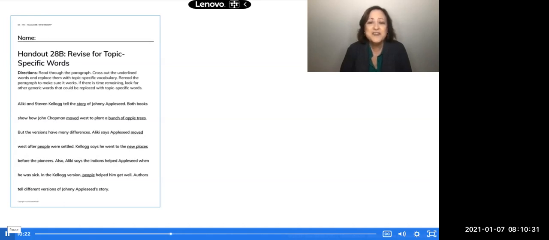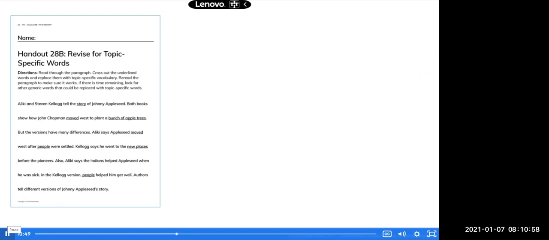Because when we go to write about the two versions of John Henry, we're going to be using a similar structure, which means we're going to be using this example as an exemplar. What that means is this example can give us an idea of what your writing will look like when you compare and contrast the two versions of John Henry.